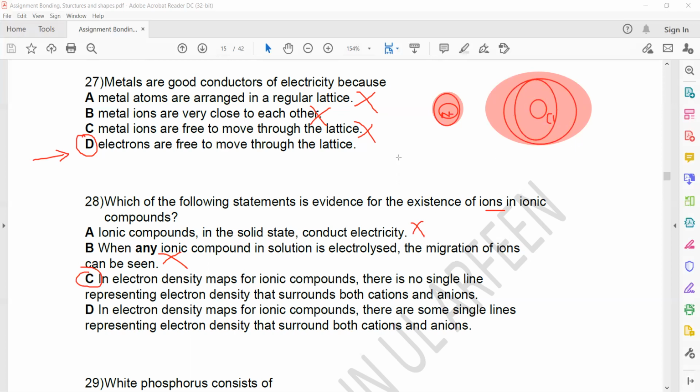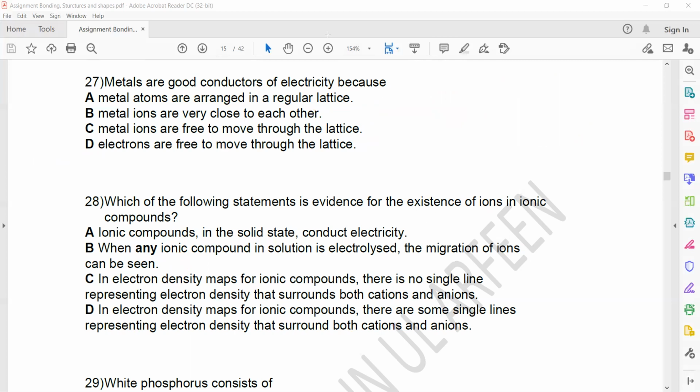They will not combine, they are actually separated. So C is the right answer. If they ask for covalent, then the electron density map has single lines. So statement D is actually representing covalent compounds, not ionic compounds.